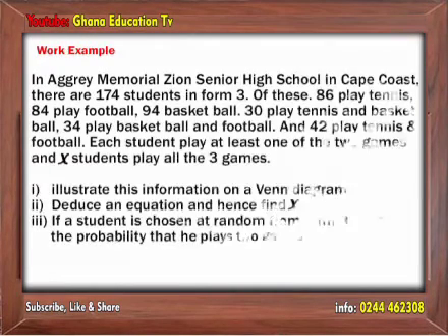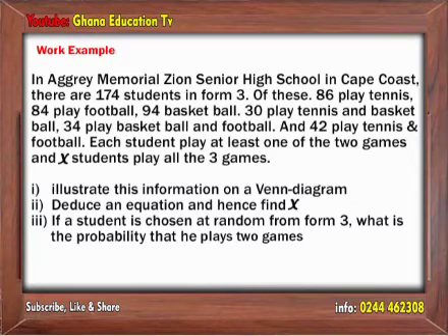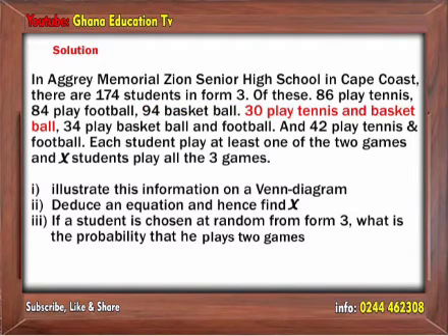Let's look at the key sets in the question. We have 174 students in Form 3. We have 86 play tennis, 84 play football, and 94 play basketball. 30 play tennis and basketball, 34 play basketball and football, and 42 play tennis and football.